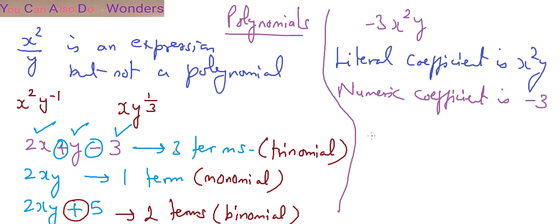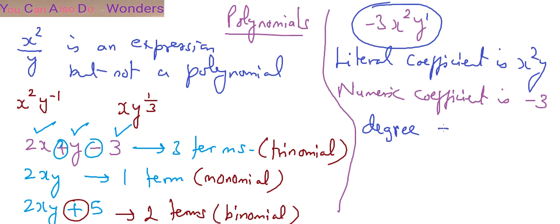Then there is something called degree. Okay, degree of minus 3x square y. So to find the degree, we need to add the powers of all variables. So here power of x is 2, power of y is 1, because if there is no power given, that means power is 1.